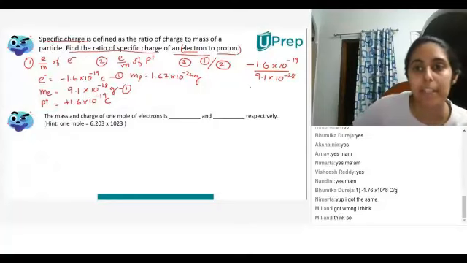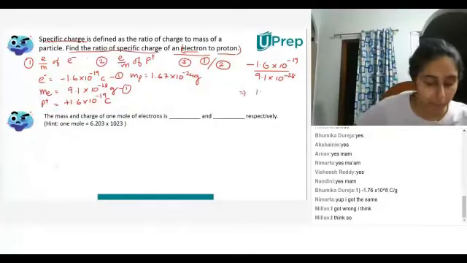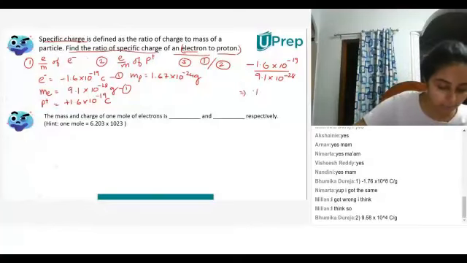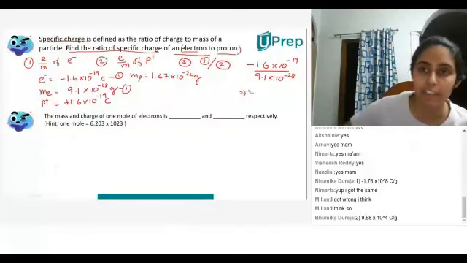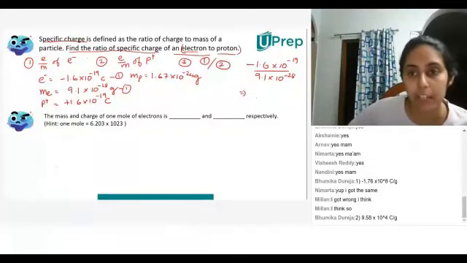If I divide 1.6 by 9.1, I will get 0.175.